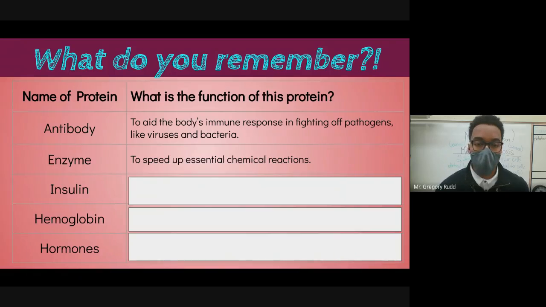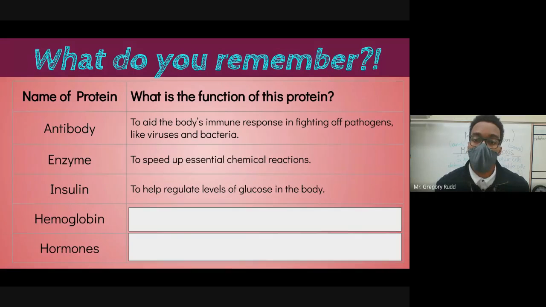Insulin is probably a protein with which you all are familiar because we know that it has something to do with diabetes, but insulin is actually there to help maintain or regulate levels of glucose in the body. So if your sugar levels are too high, your body produces insulin, which then signals another protein to break the sugar down.